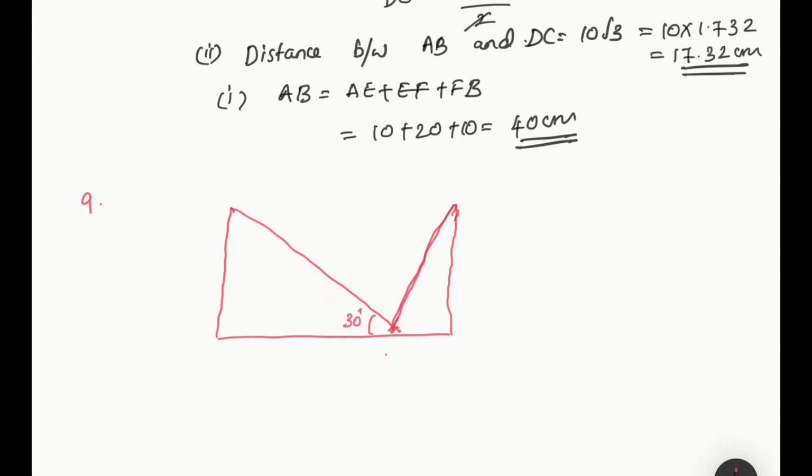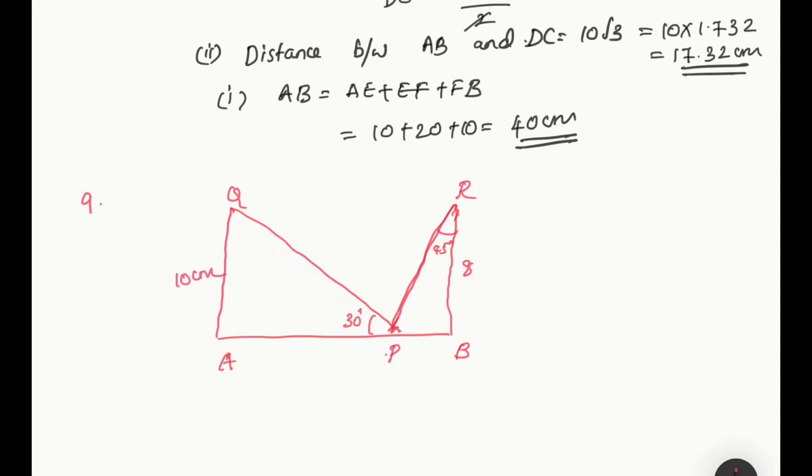This is 30 degree and this is 45 degree. This is 8 centimeter. So you have P, B, A, Q, R. This is 10 centimeter.